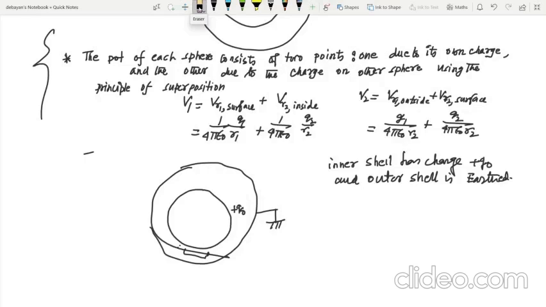You have to determine the charge on the outer cell and find the potential of the inner cell.